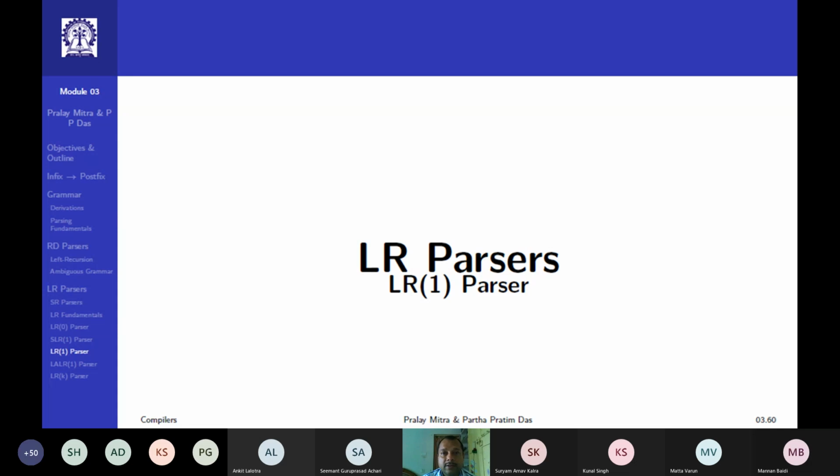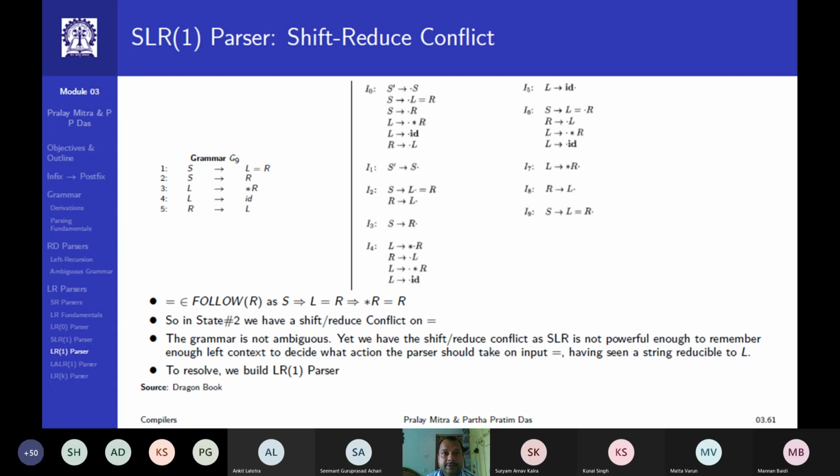Now, to avoid the shift reduce conflict, we proposed that let us go for the SLR 1 parser. In case of the SLR 1 parser, as I demonstrated here, I will go into details. Whenever there is a shift reduce conflict, it means that one particular matrix cell in the parsing table suggests you can shift or you can reduce.